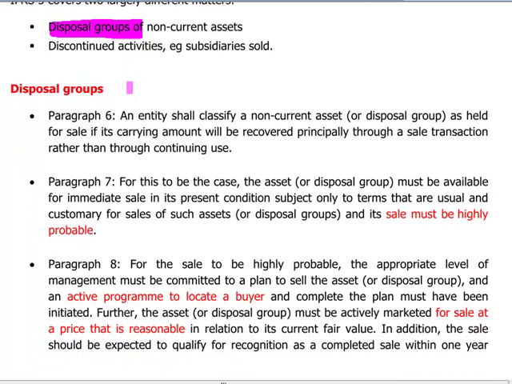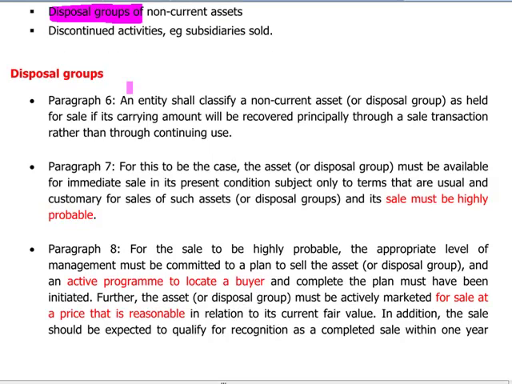A plan should be approved by the board of directors, and management should actively seek a buyer, meaning they should not ask a price, for instance, that is way above the market price of similar assets that were recently sold in the current market conditions.